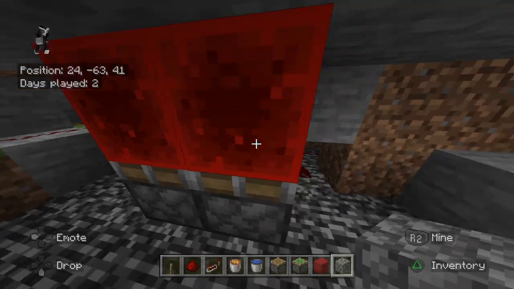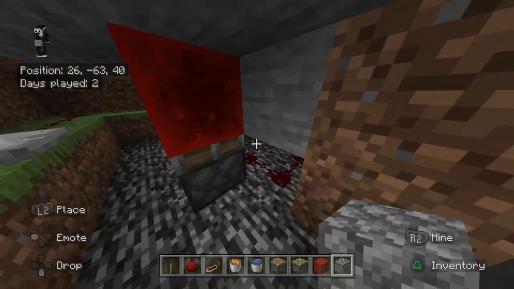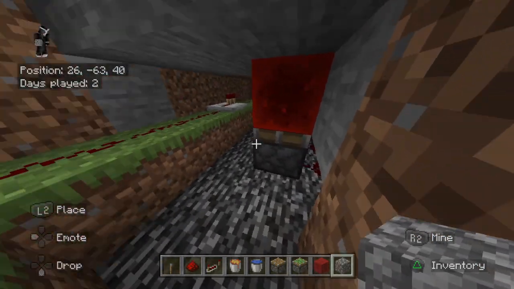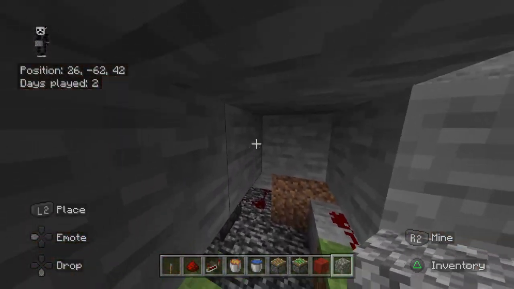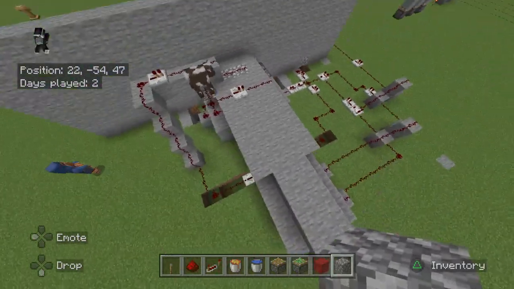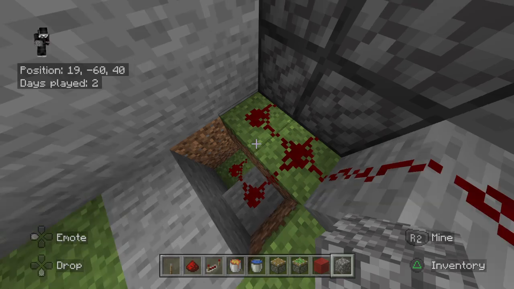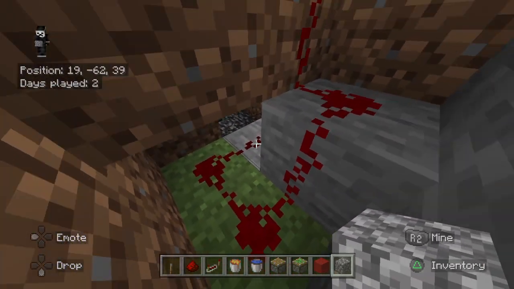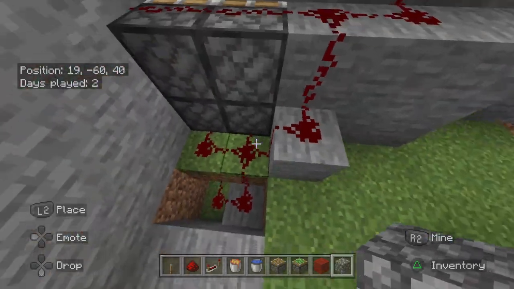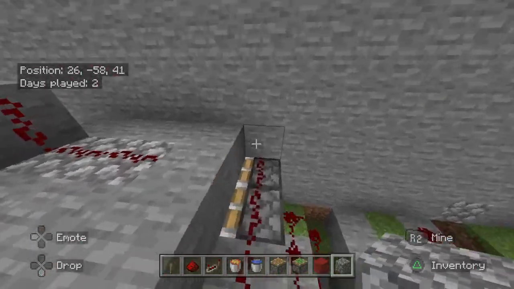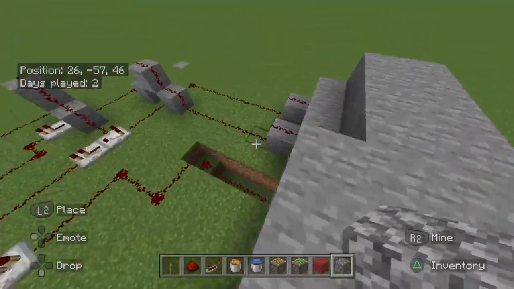Now, you don't want it touching this redstone block at all, so that it doesn't end up getting powered for no reason. Comes over, it comes out over here. As you can see, that's where we just were. It comes up, powers these two, powers this one, and powers everything.